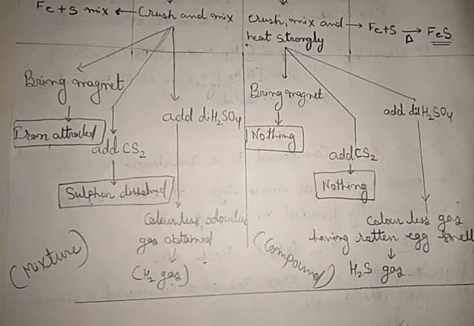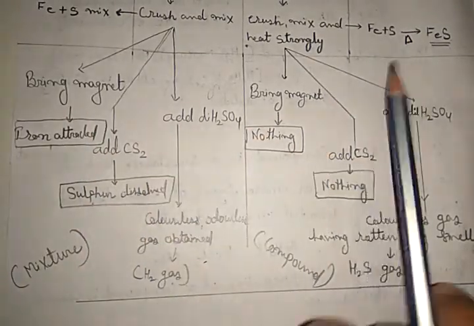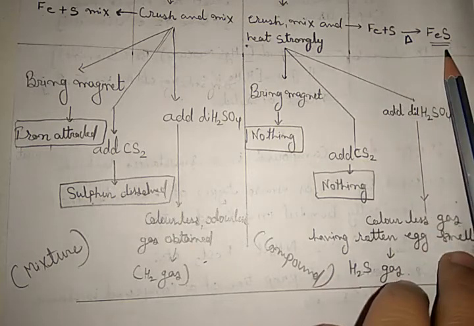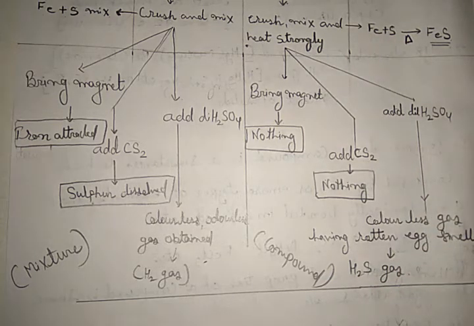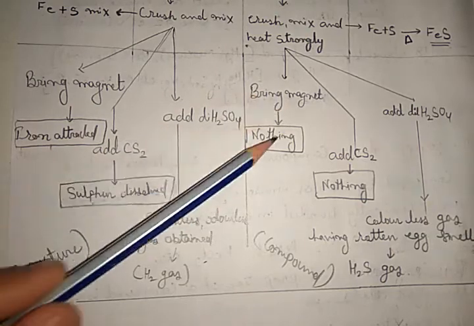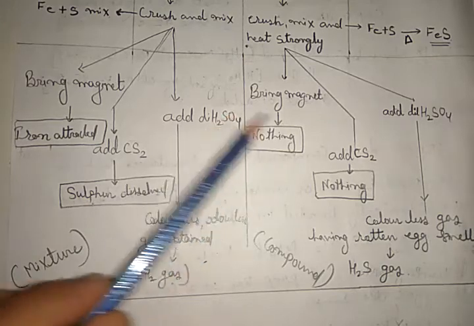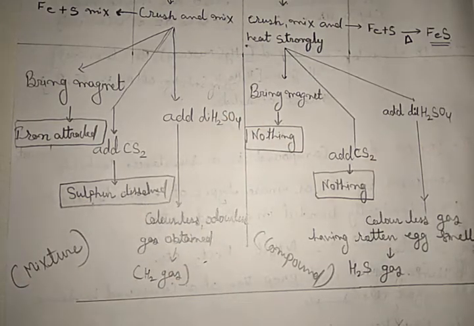When we do these same three tests with the second group, in which we mixed iron and sulfur and heated strongly, when we bring the magnet, no iron piece is attracted towards the magnet, that means nothing is observed here.